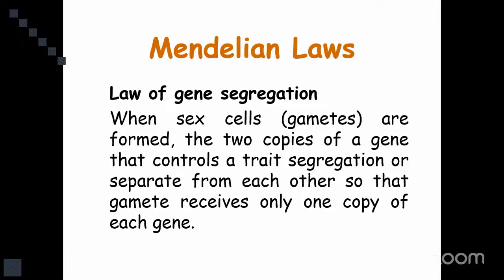And because they are diploid, their sex cells are haploid. So the process that leads to gametogenesis, the production of the sperm or the production of the egg, will lead to reducing the number of chromosomes, whereby we have a haploid. So at the point of fertilization, haploid plus haploid will now give us a diploid.